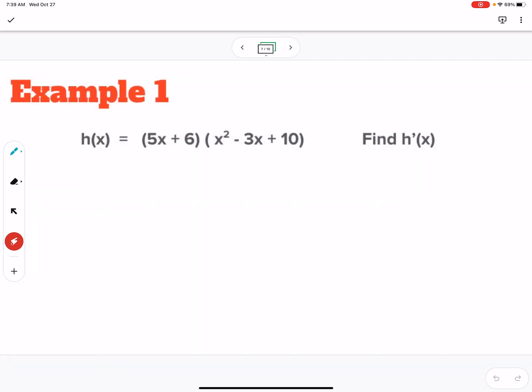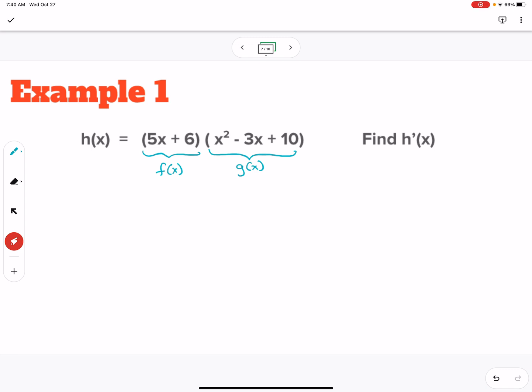Here we go. I have two functions. Let's label this f of x and this one g of x. Those are two separate polynomials that are being multiplied together. Our problem is asking us to find the derivative of h, so this whole thing is labeled h.